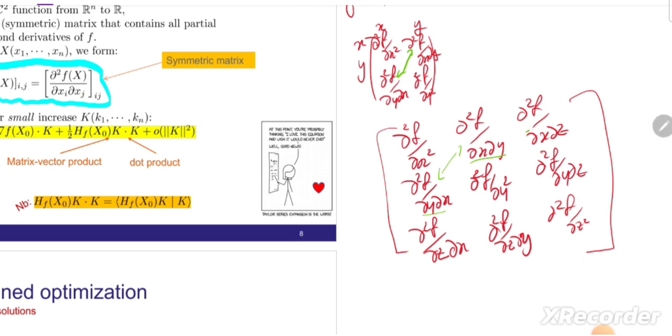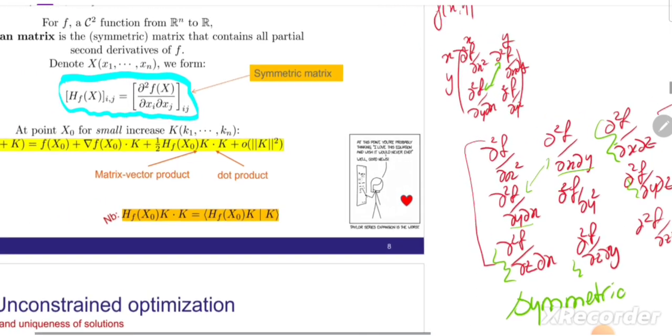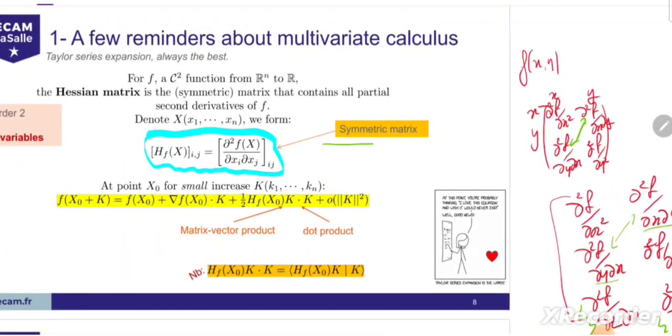Okay, so that's Schwarz theorem. So this one is equal to that one, and this one is equal to that one. So that's symmetric. Whatever the number of variables, we will always obtain a symmetric matrix. Okay, so that matrix containing all the second order derivatives is called the Hessian matrix.